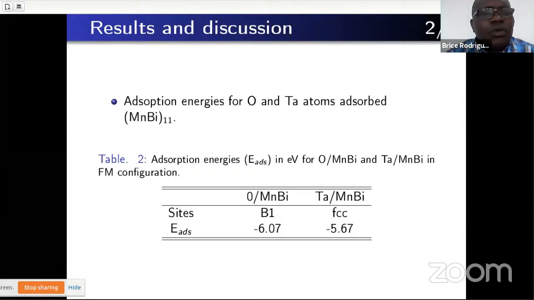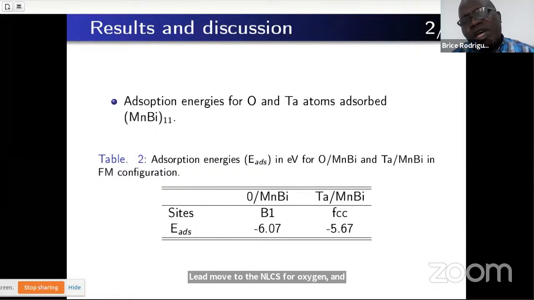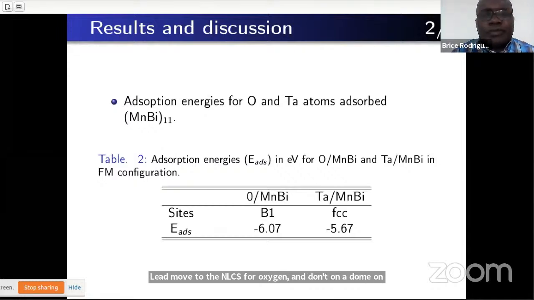Let's move to the adsorption energy for oxygen and tantalum atoms on manganese bismuth.